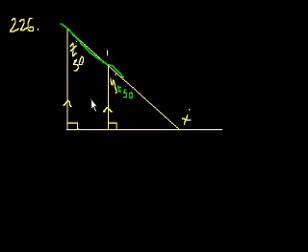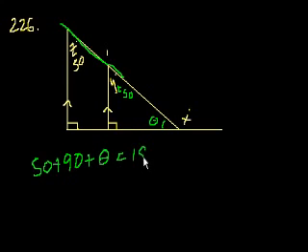And if that's true, then what is this angle right here? Well, 50 plus 90 plus this angle is equal to 180, right? So we could say 50 plus 90 plus theta is equal to 180. So you get 140 plus theta is equal to 180.